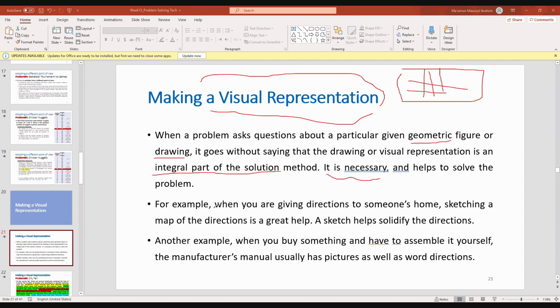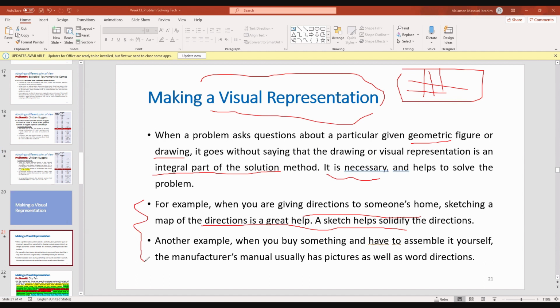For example, when you are giving directions to someone, instead of talking, you can draw a map for him, telling him go left, go right. Sometimes drawing things will make things easier for you and for others to solve a problem. So there are many examples for representing the data.